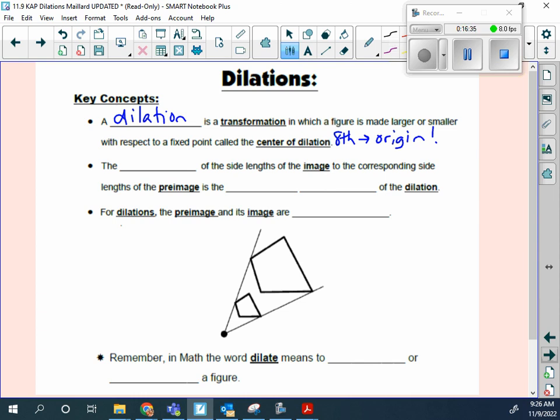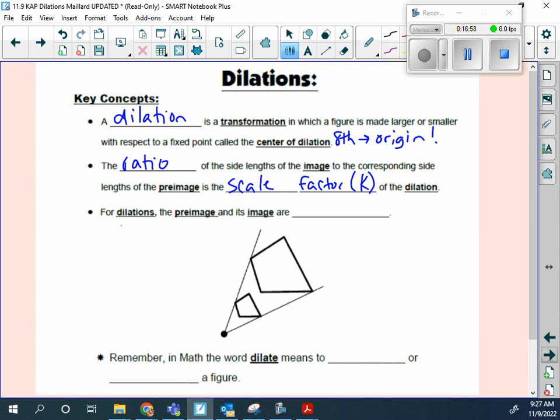Okay? The ratio of the side lengths of the image to the corresponding lengths of the pre-image is the scale factor, or K, of the dilation. Well, that makes sense. What it's saying is the side lengths of the image.